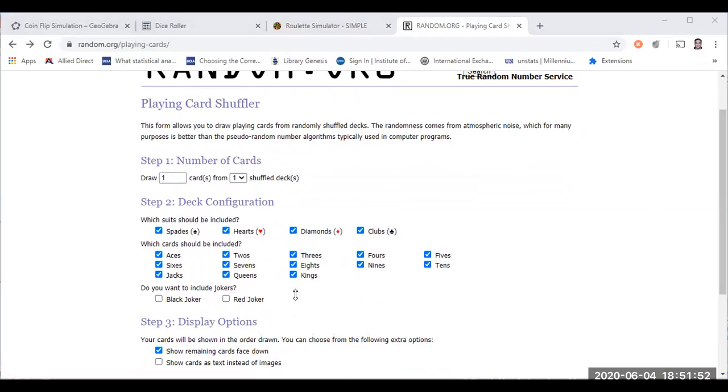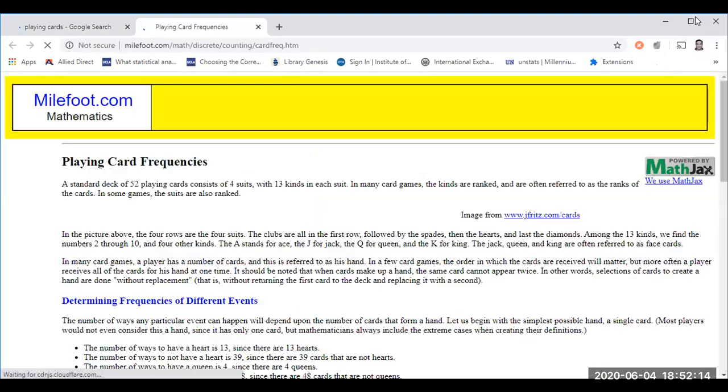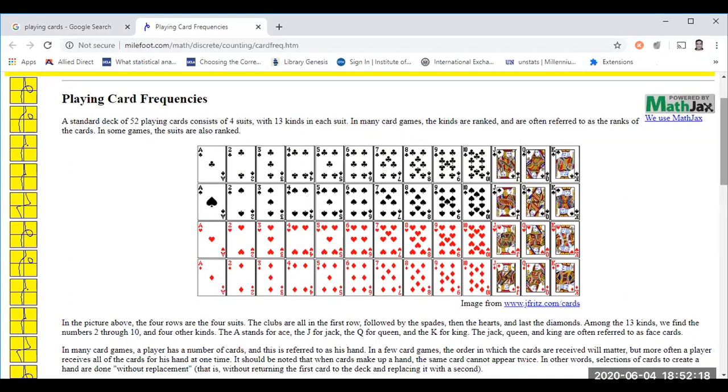So let me just share a picture with you. Just take a look at this picture, and hopefully you can understand more about the cards.